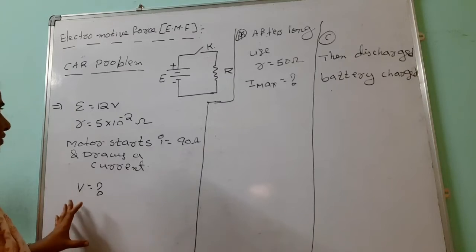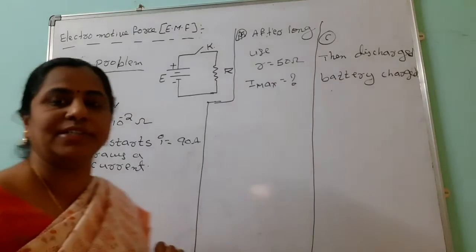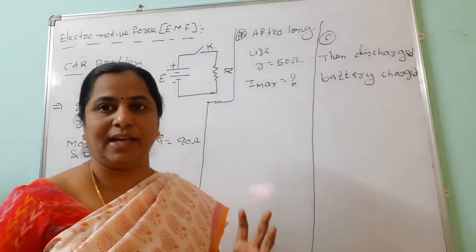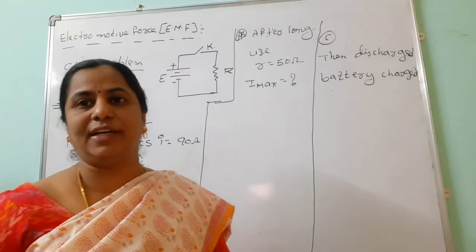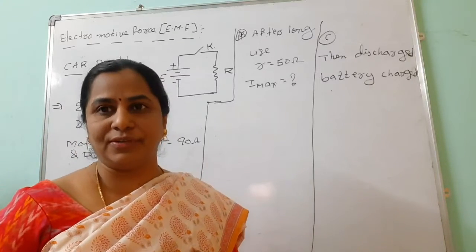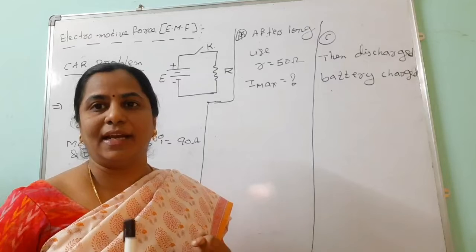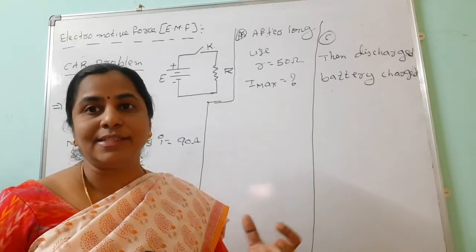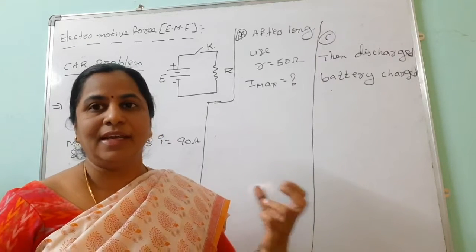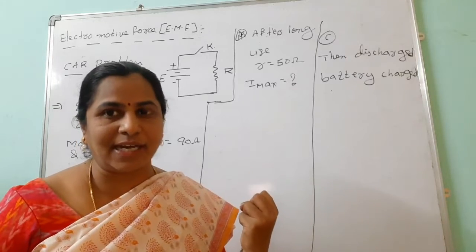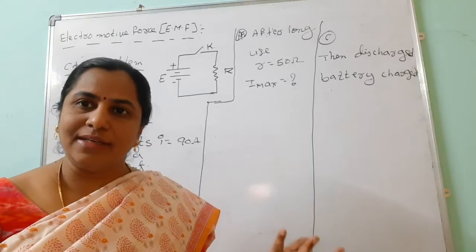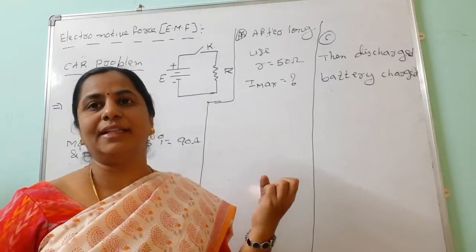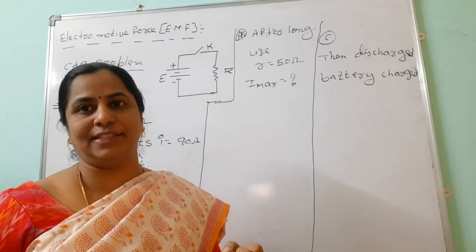Then we should find the potential difference of the battery across the two points. We know the electromotive force, the internal resistance, and the current it is drawing. Drawing current means the battery is discharging.